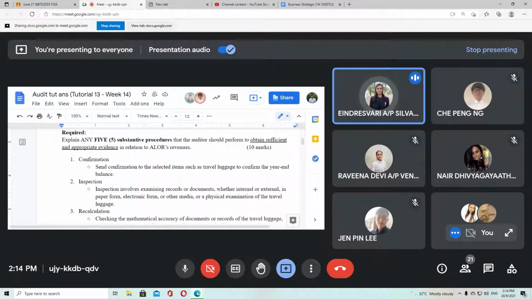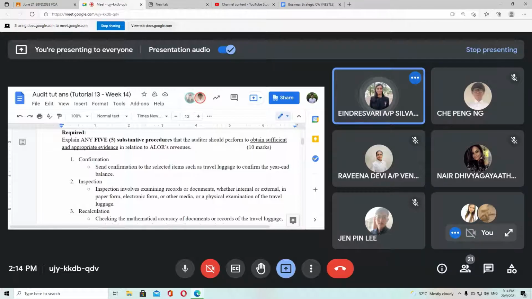And how is it relevant to revenue? So we should check the receipt. Receipt for what? Of the selling of the travel luggages.